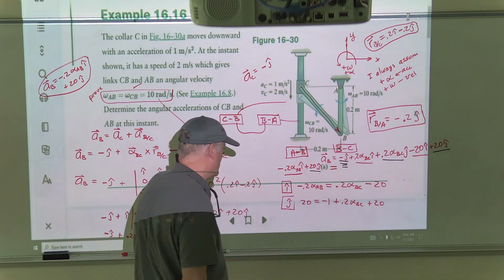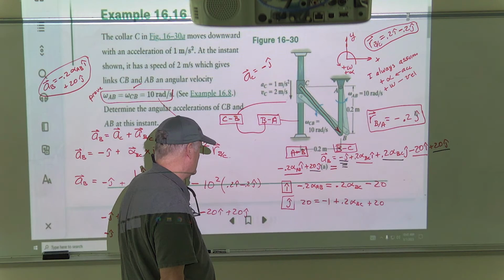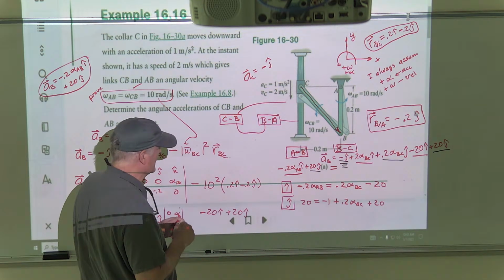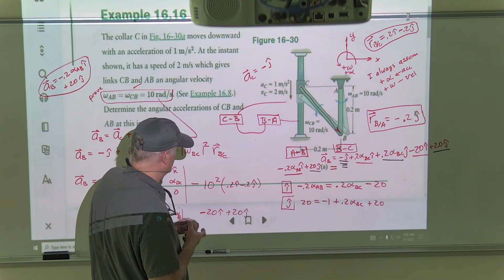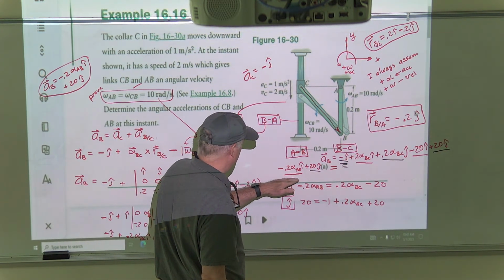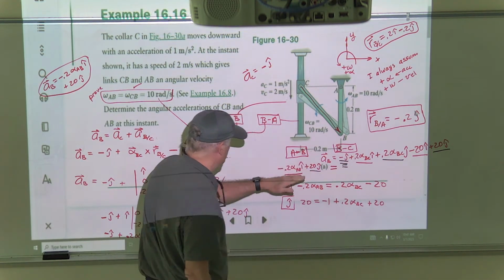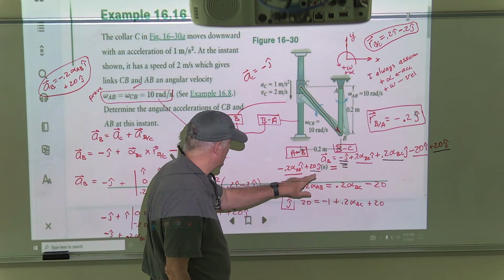Okay, did I do that right? Okay, wait. Let's just make sure. We notice one thing that I think is designed into this problem: the fact that it's straight down the AB link, I don't get anything else in there. I've got the 20.